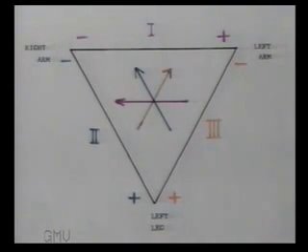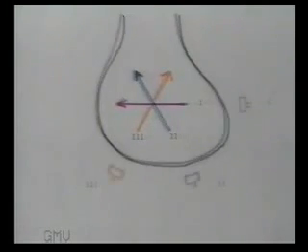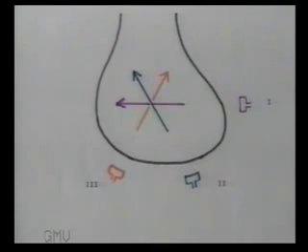Now the directions of each lead are depicted: red arrow for lead 1, blue arrow for lead 2 and orange for lead 3. Let us now overlap the directions over the heart, and the next diagram will show the leads as to how they look at the heart, or the directions from which they look at the heart. Lead 1 from the left side and leads 2 and 3 from the inferior side.